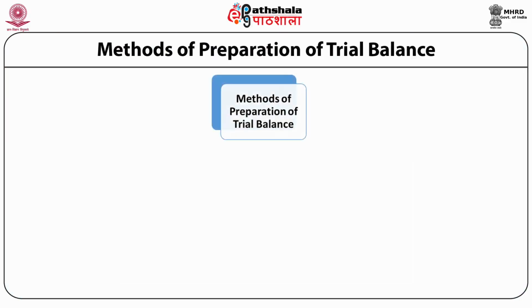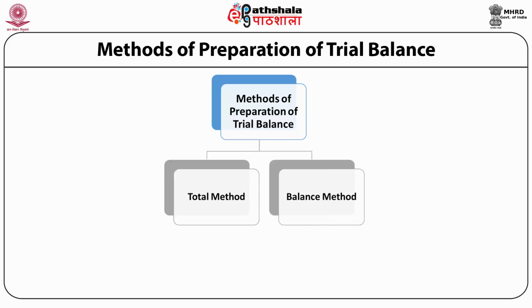The methods of preparation of trial balance can be divided into two parts, which is clear from this picture that there are two methods. One is the total method and the second is the balance method. The total method uses the total of debit and totals of credit, whereas the balance method uses the balance of debit side or debit balances or credit balances.